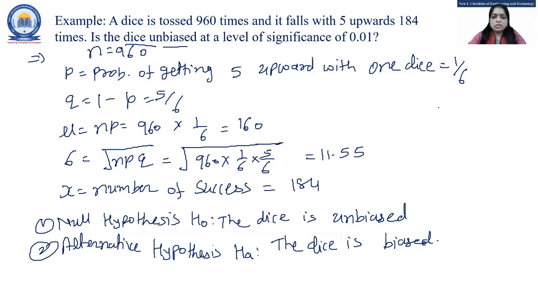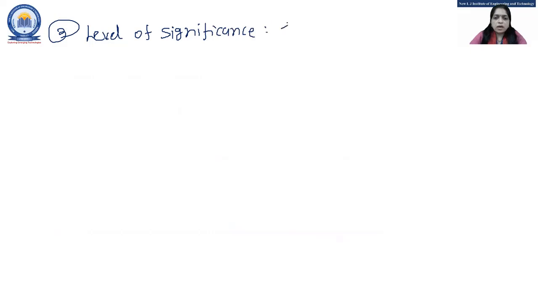Let's move to the third step, the level of significance, which is already given as 0.01. So alpha is equal to 0.01.